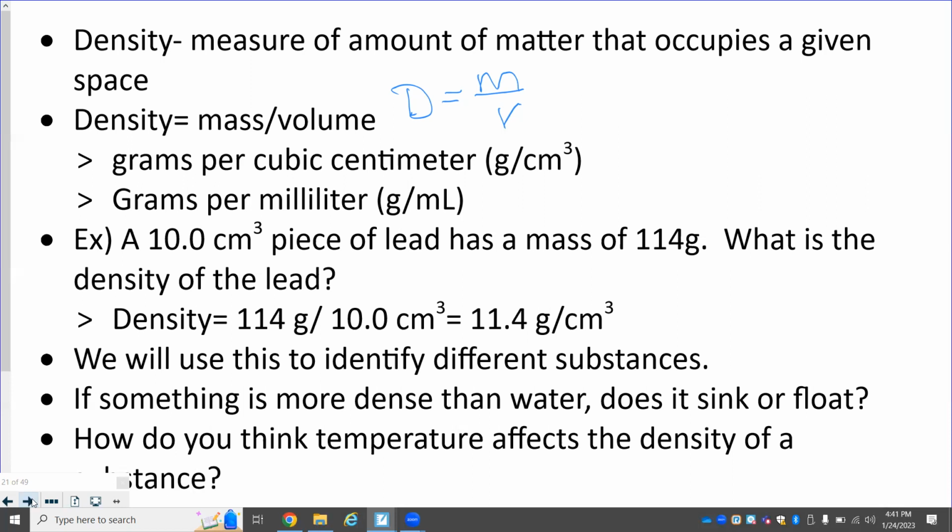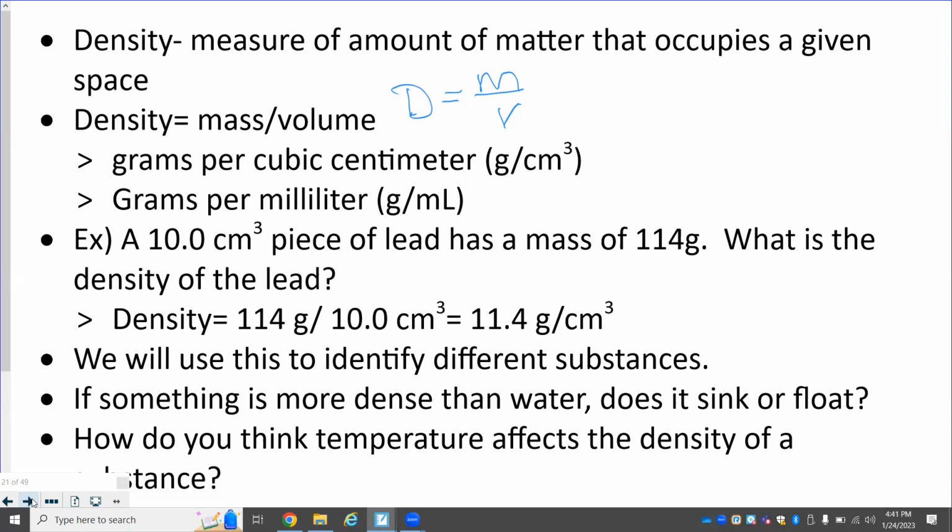So it gives us the mass and the volume. When we divide the mass, 114, by the volume, 10 cubic centimeters, we get that the density of lead is equal to 11.4 grams per cubic centimeter. Density is something that is unique from one substance to another.